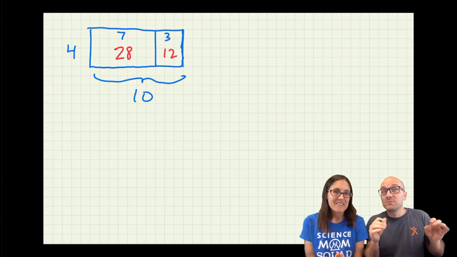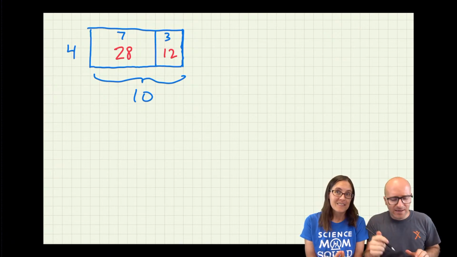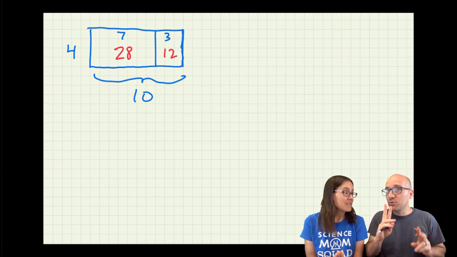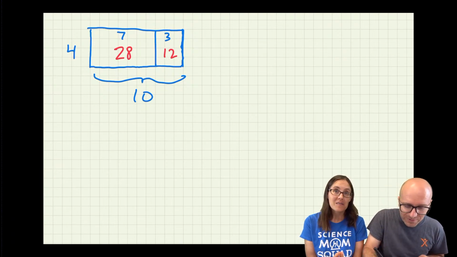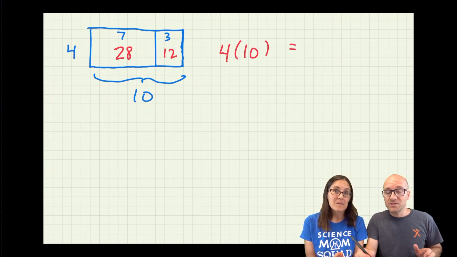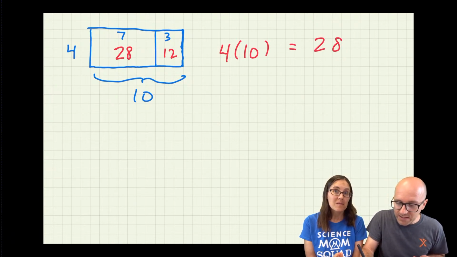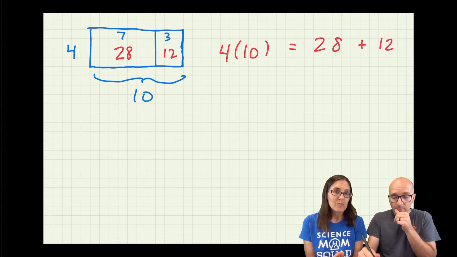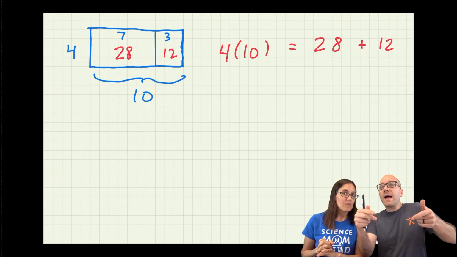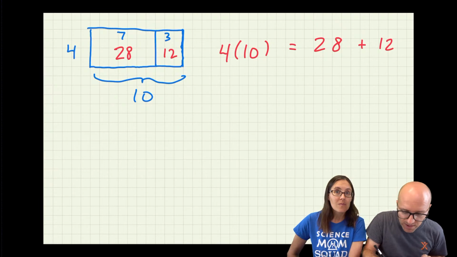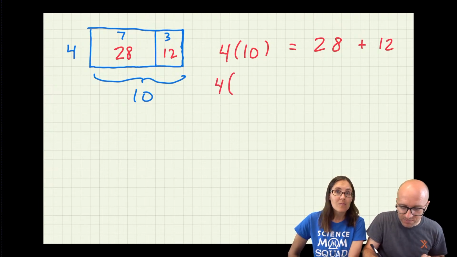You found all these different numbers, and we found the area of the big rectangle in 2 different ways. One of them we said was the same as 4 times 10, and the other one was going to be 28 plus 12. So we can break it into smaller pieces, but I'm going to go back one step on both of those equations. I'm going to write the left side as 4 times (7 plus 3).